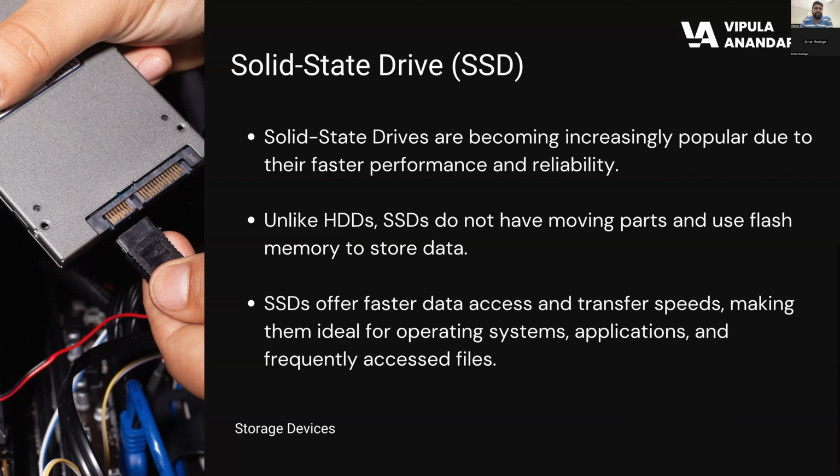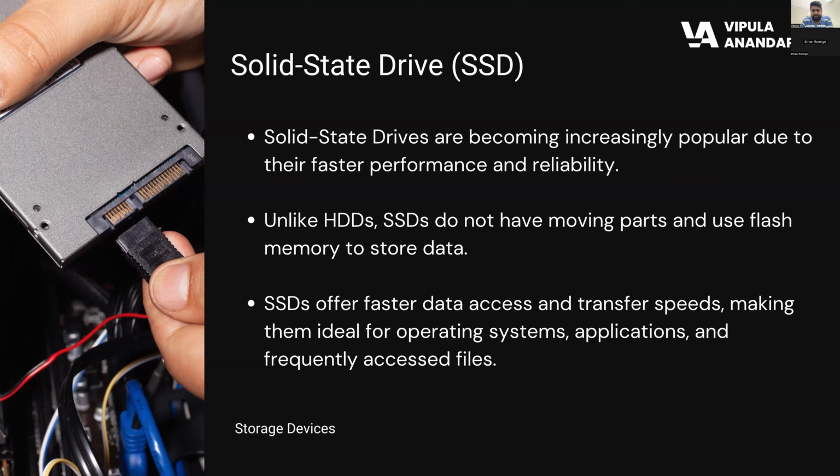SSDs offer faster data access and transfer speeds, making them ideal for operating systems, applications, and frequently accessed files. So SSDs are the next choice you have. When it comes to typical hard drives and storage, going forward with the SSD would be the best choice because it is going to be faster.